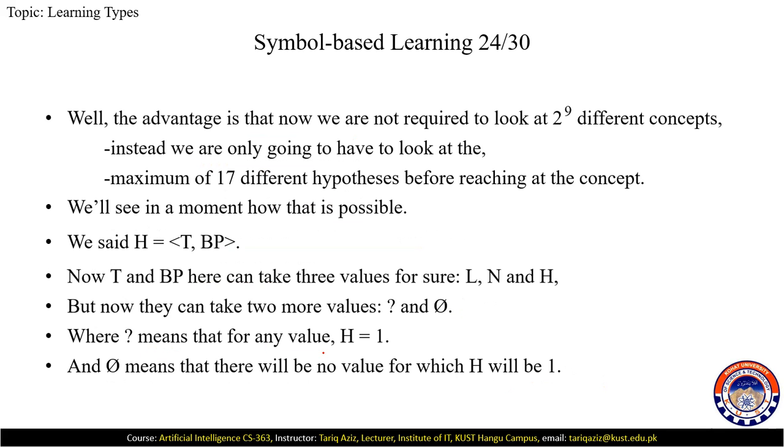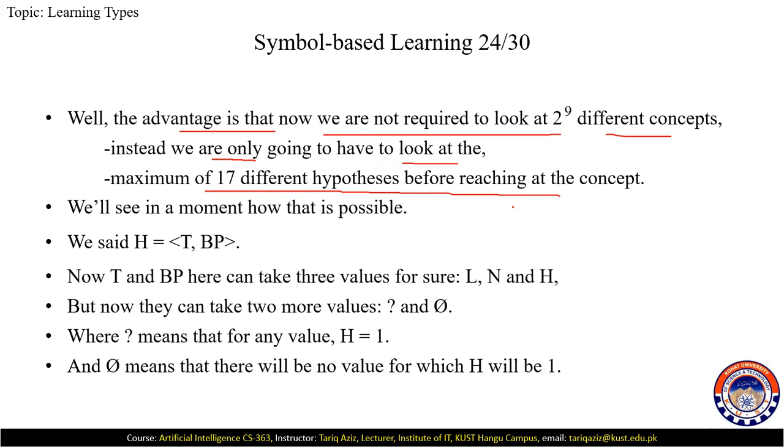So what's the reason? The advantage is that now we are not required to look at 2 raised to the power 9 different concepts. Instead, we only have to look at a maximum of 17 hypotheses before reaching the concept.